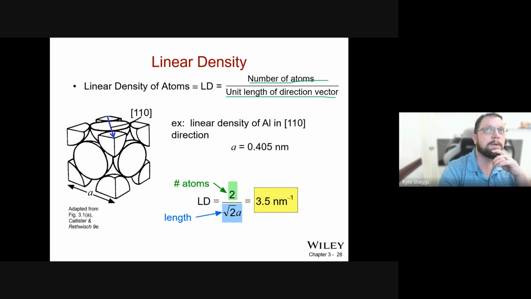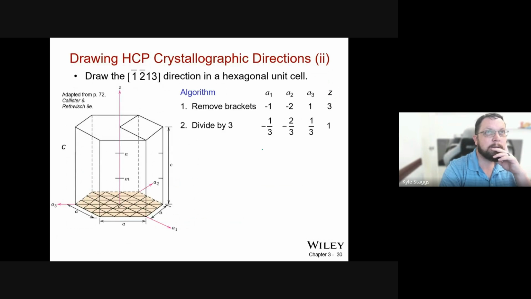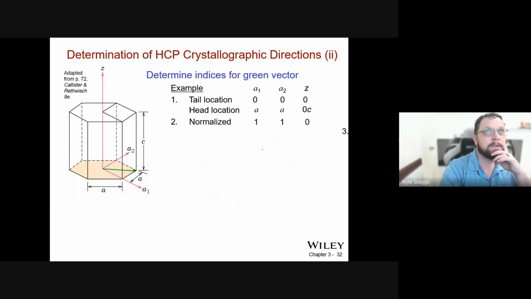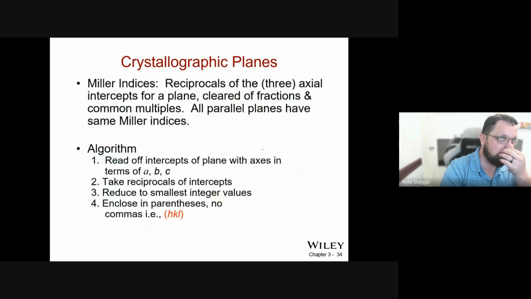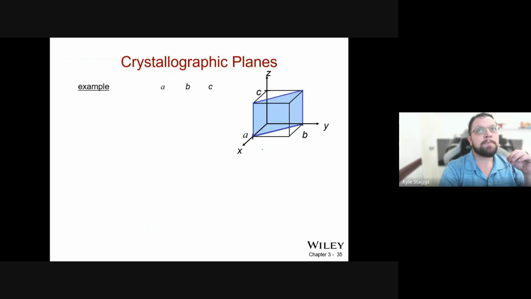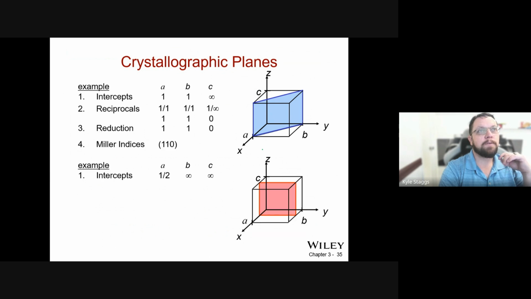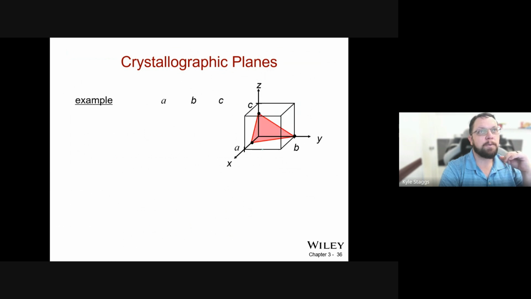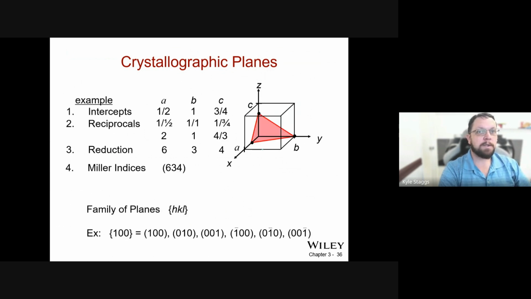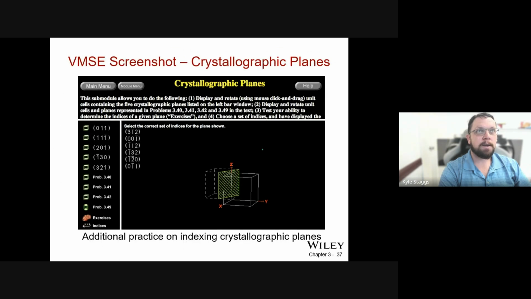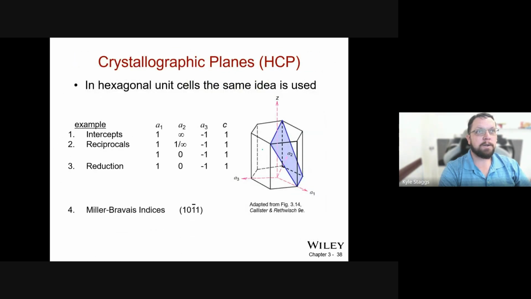Aluminum. Let's see. So aluminum, but that one is face-centered. Okay. So we don't have that value for iron here in the group. I thought we had covered it in the materials, so I was going to point out where it was on the slide, but that one is not included.